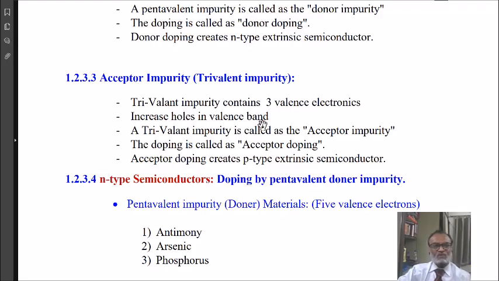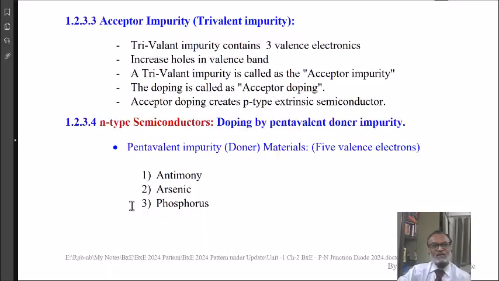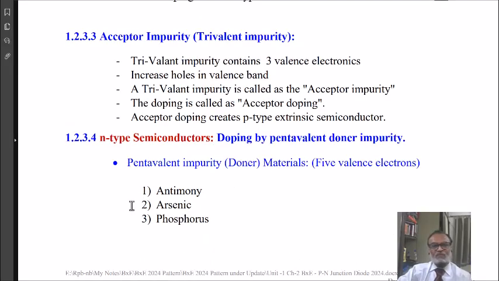Thermally generated electron hole pairs are fewer compared to the impurity generated electron hole pairs, and therefore thermally generated particles also contribute as minority charge carriers in the semiconductor. In making an N-type semiconductor, antimony, arsenic and phosphorus can be used as pentavalent impurities.